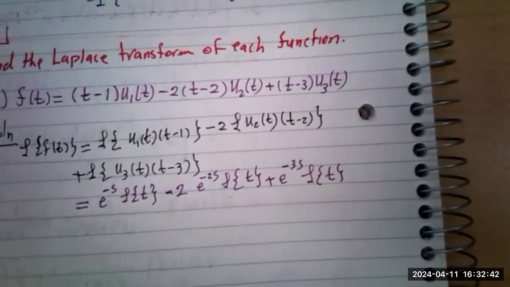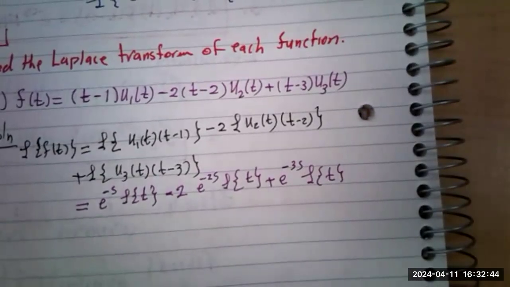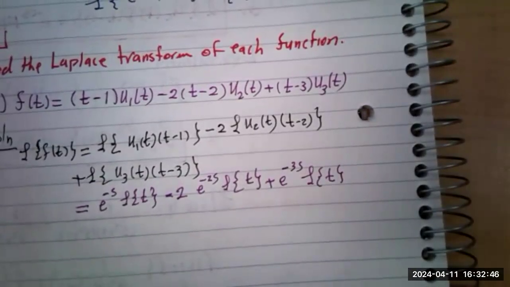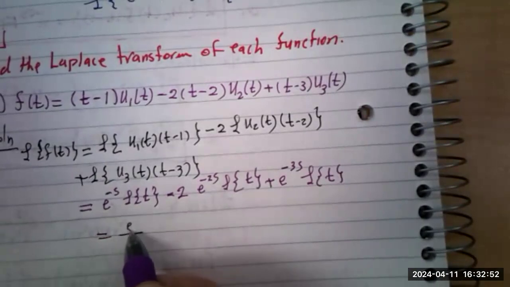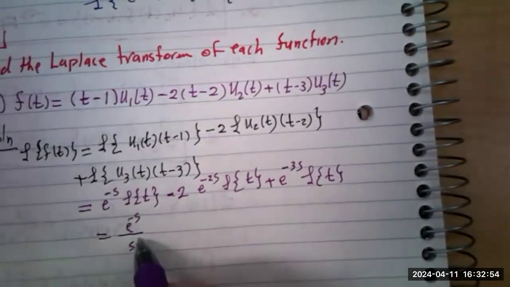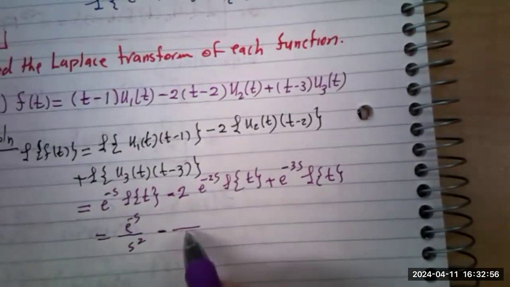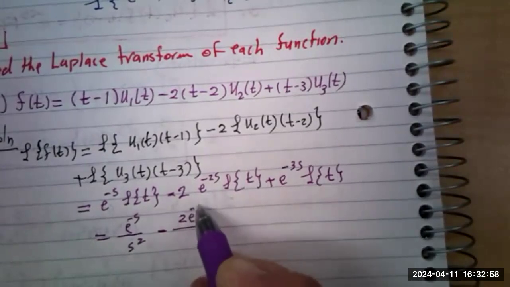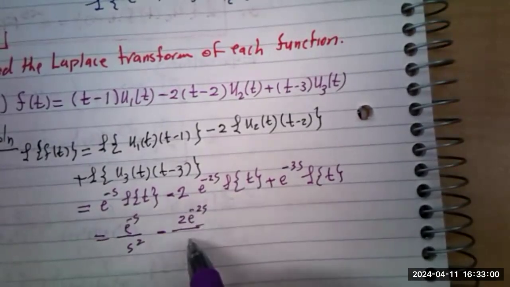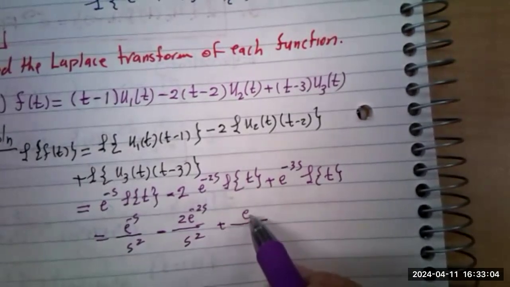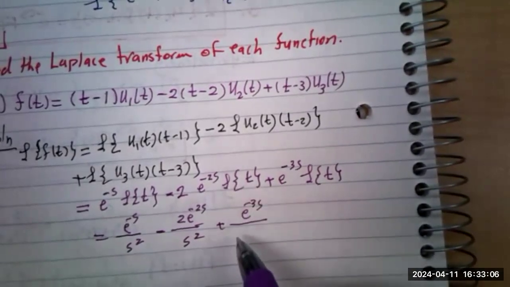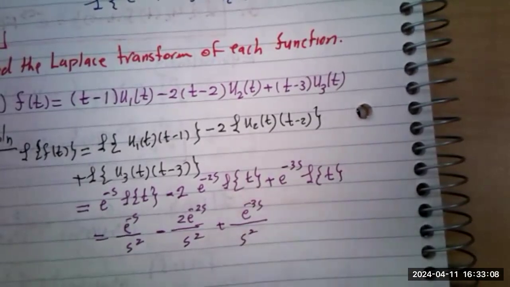Now you know that the Laplace of t is what? The Laplace of t is 1 over s squared. So each one of them would be e to the negative s over s squared, minus 2e to the negative 2s, again over s squared, plus e to the negative 3s, again over s squared.